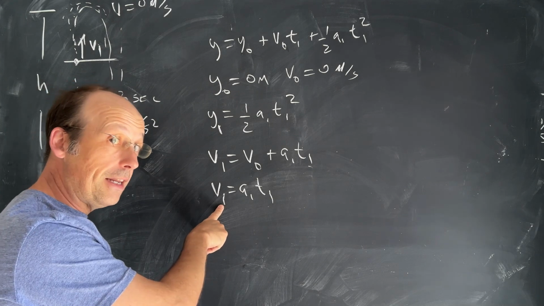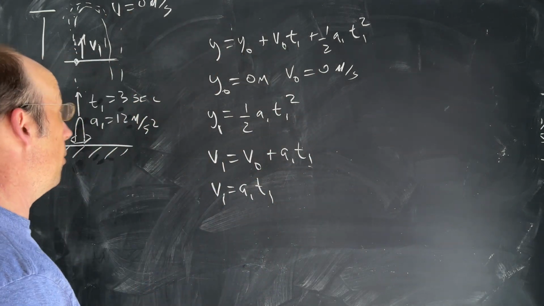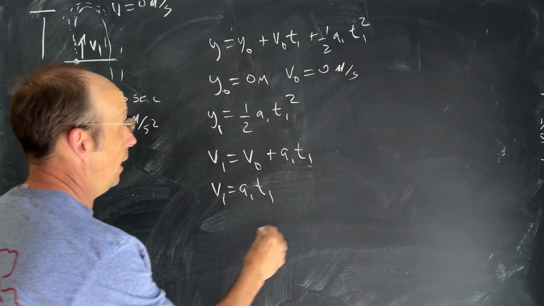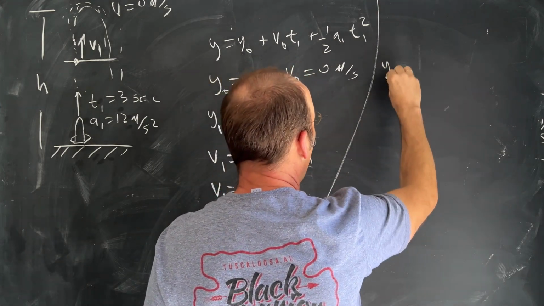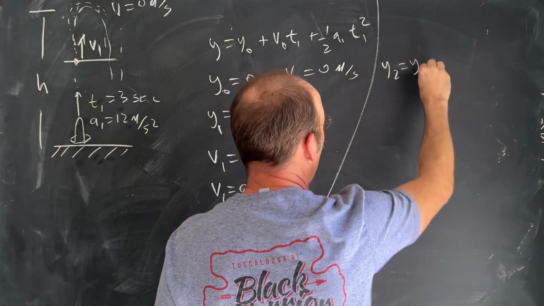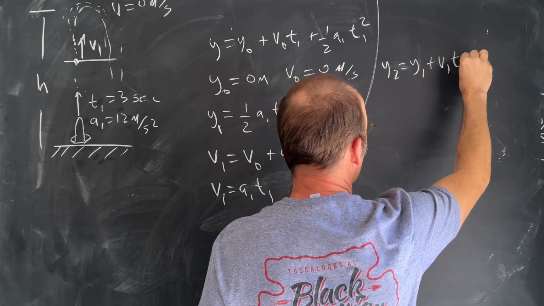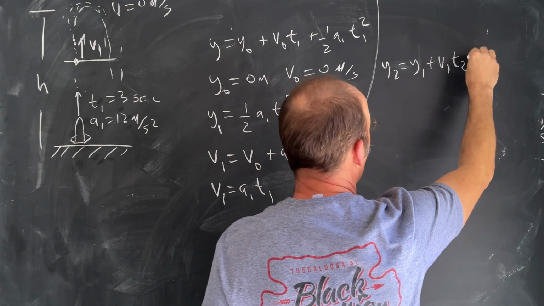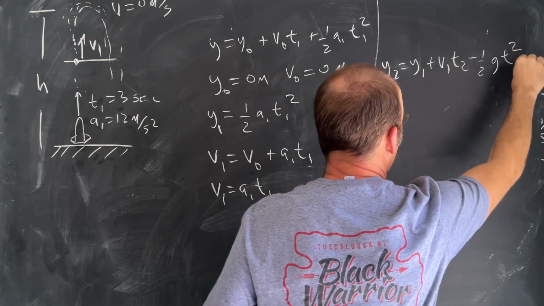Now that's going to be my initial velocity in the second part of the problem. So in the second part, y2 equals y1 plus v1 t2 minus 1/2 g t2 squared.